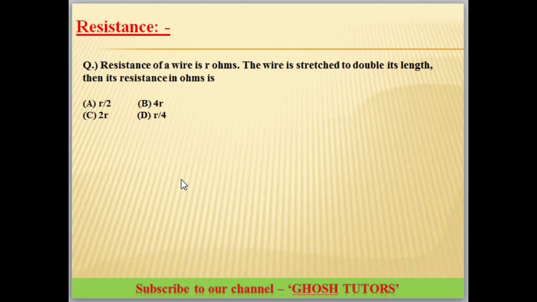So next is, resistance of a wire is R ohm. The wire is stretched to double its length, then its resistance in ohms will be. Resistance is R ohm. Then your R is equal to rho L by A. Suppose L is the length of wire and A is the area of cross section. Now the wire is stretched to double its length. Then its initial volume should be equal to final volume.